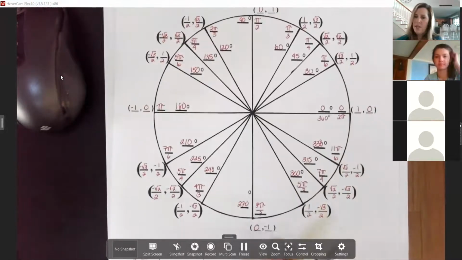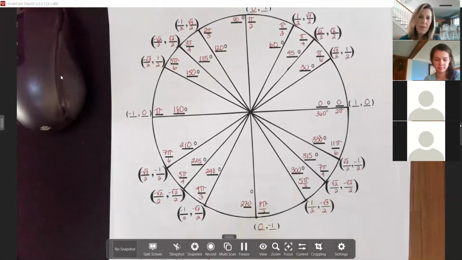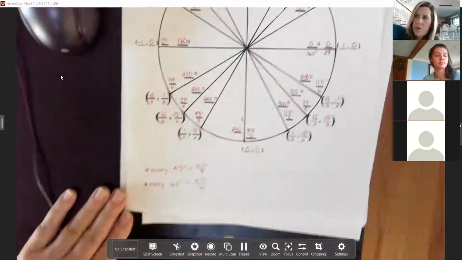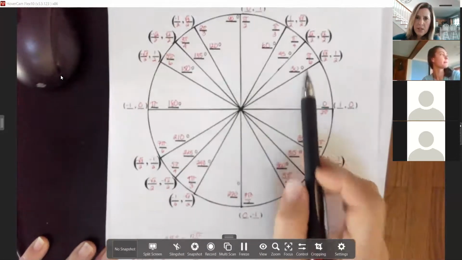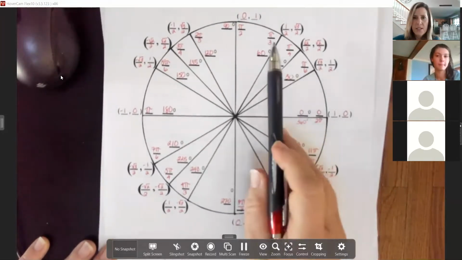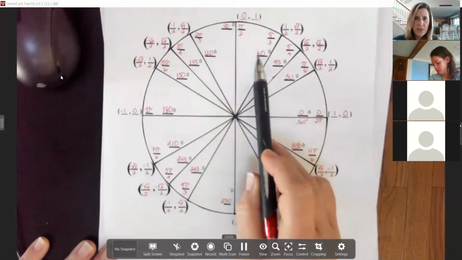So in that video also, Miss Sabia went over a pattern, so that every 30 degrees. So if you notice that this is pi over 6, right? This is 2 pi over 6, because that's the next 30 degrees, right?